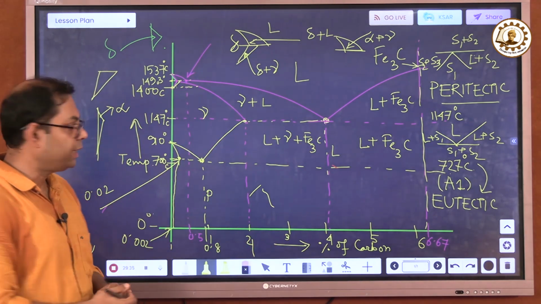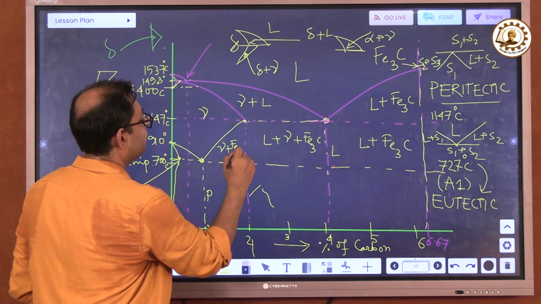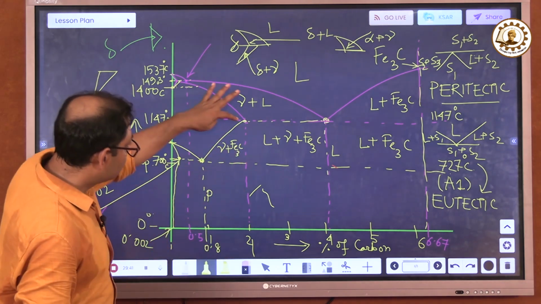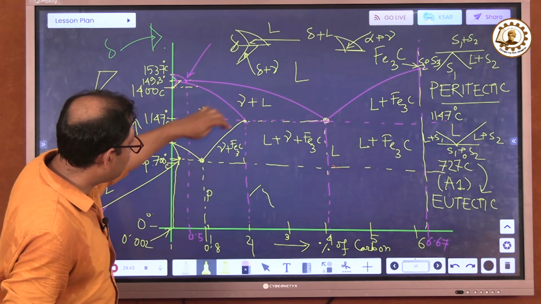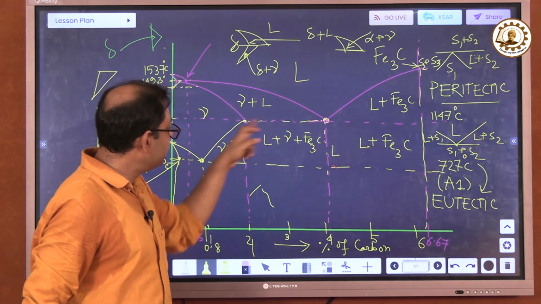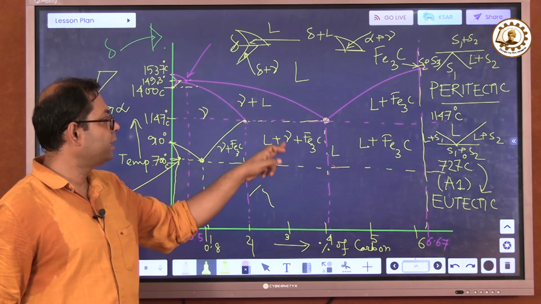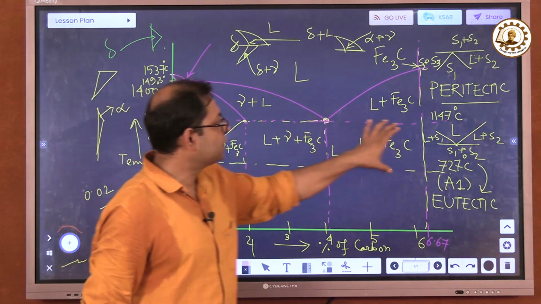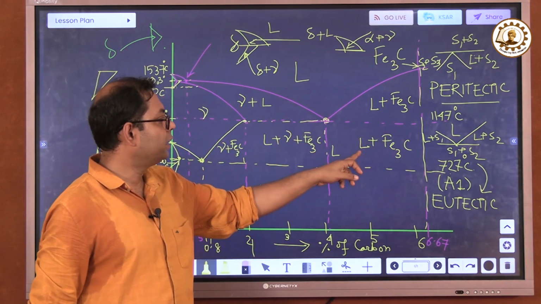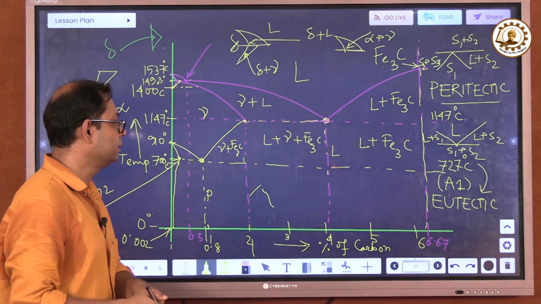And in the other side, that will be gamma plus Fe3C. So this region contains austenite plus cementite. This rectangular region contains ledeburite plus austenite plus cementite, and this region contains ledeburite plus cementite. Remember this thing. This is very important.